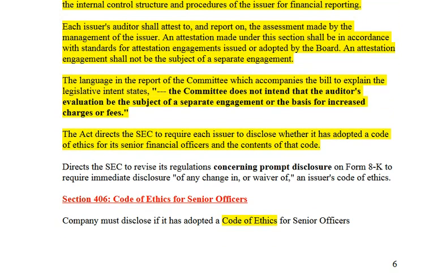Each issuer's auditor should attest to and report on the assessment made by the management of the issuer.